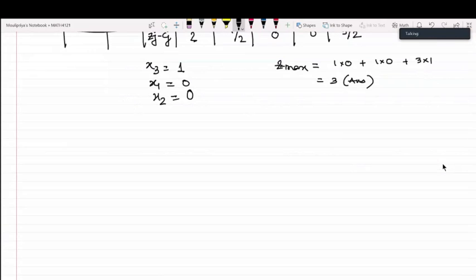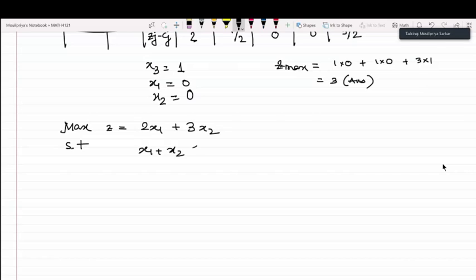Today we will do one more problem. Max z equal to 2x1 plus 3x2 subject to x1 plus x2 less than or equal to 8, x1 plus 2x2 equal to 5, and 2x1 plus x2 less than or equal to 8.